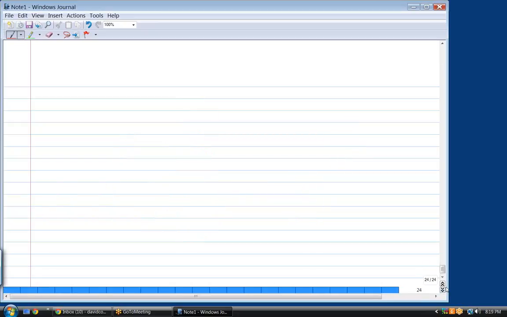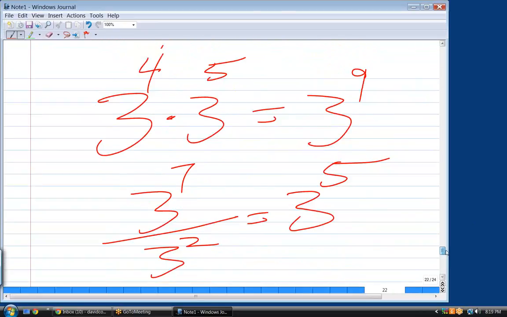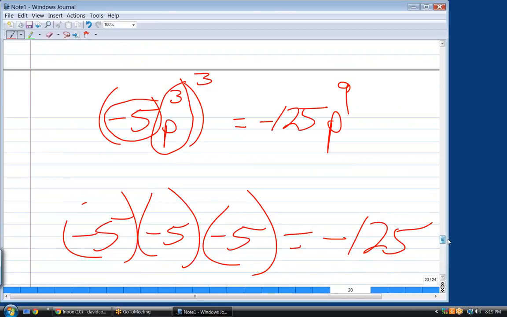Okay? All right. What else you got? Well, going back to the last problem, it's like negative 125p to the power of 9. Shouldn't it be positive though? Well, we're going to take the number first. We're taking negative 5 to the third power. In other words, let's take this piece by piece.